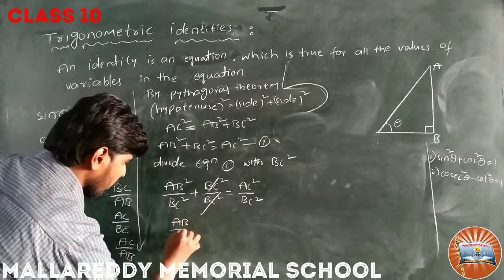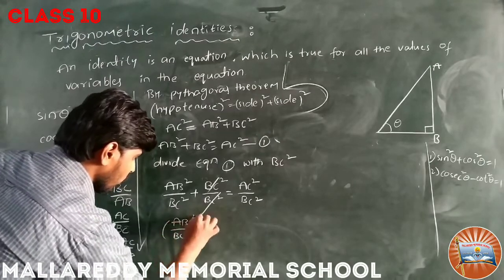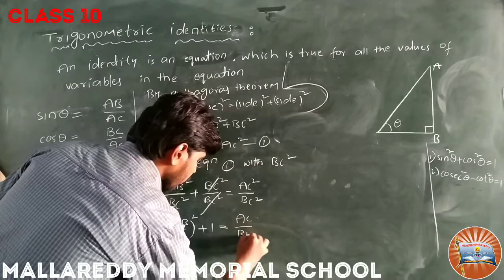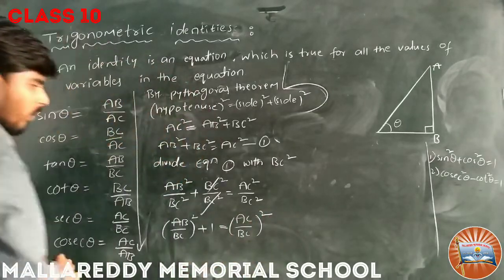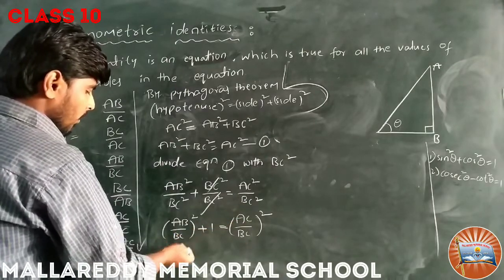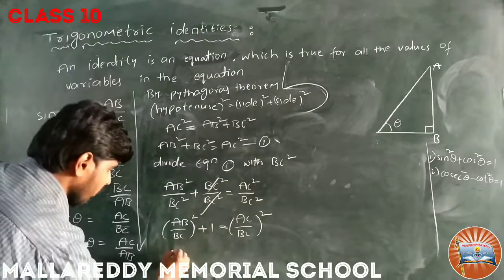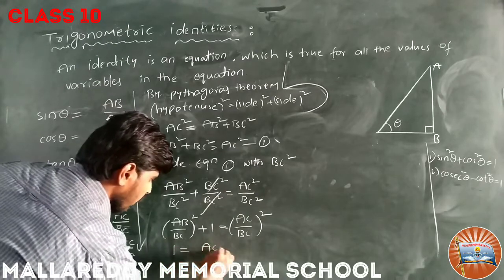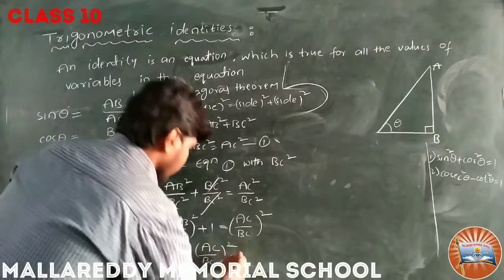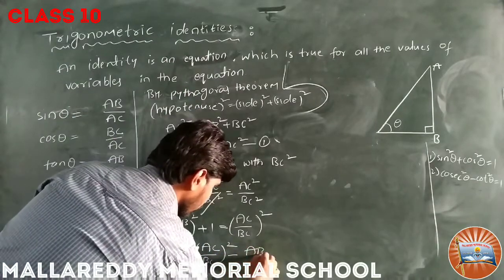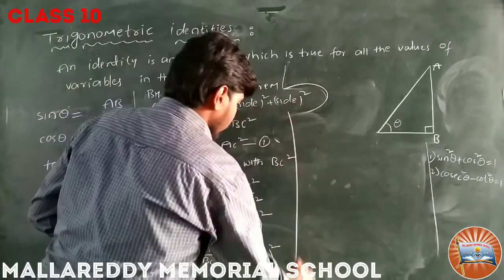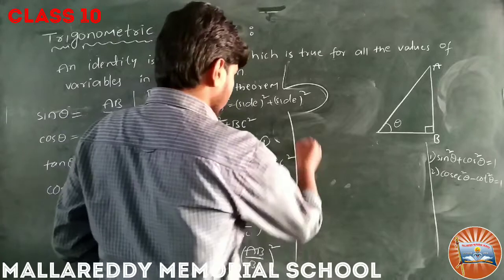This becomes AB by BC whole square plus 1 equals AC by BC whole square. Now this AB by BC whole square goes to the RHS. So AC by BC whole square becomes a negative sign, AB by BC whole square.